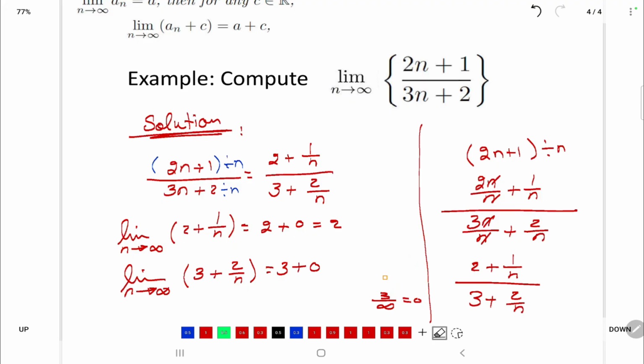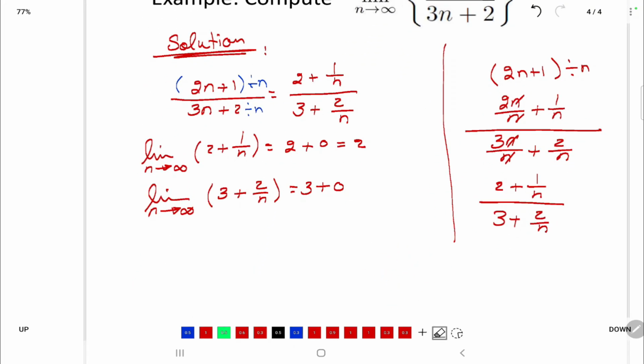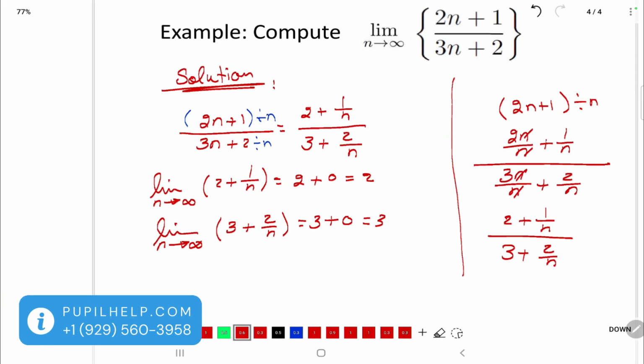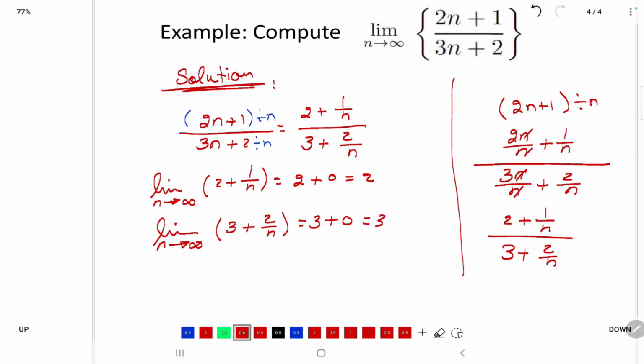Now, the denominator equals 3. So if I plug in this one, that means the required limit, as n approaches infinity of 2n plus 1 over 3n plus 2, equals 2 over 3.